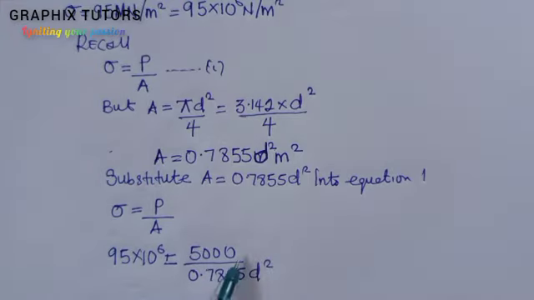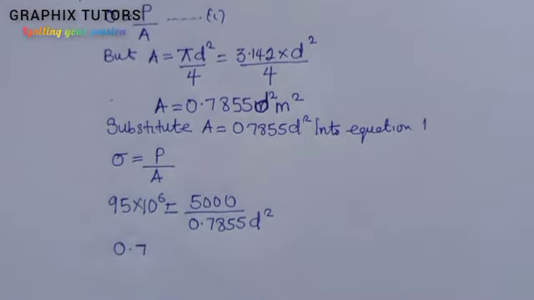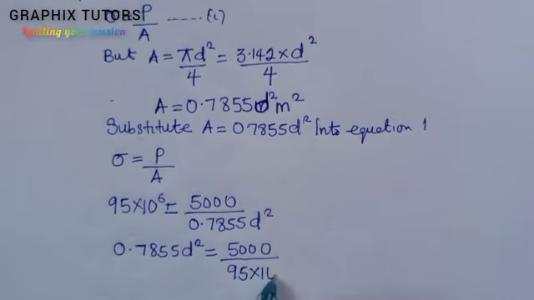Now if I take this to this side, 0.7855 D squared is equal to 5,000 divided by 95 times 10 to the power of 6.